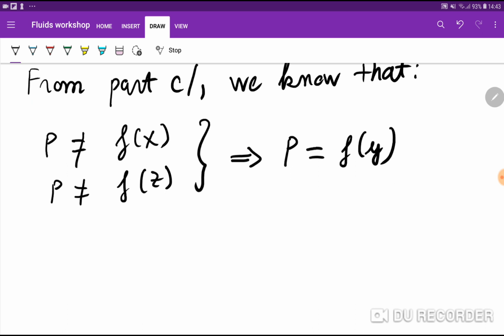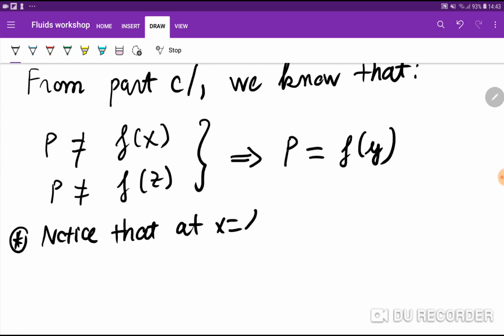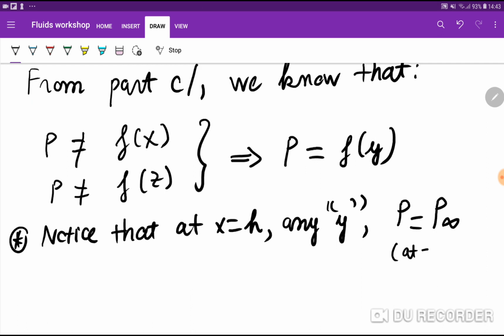Now, you have to notice something very interesting. At x equal to h, any y, pressure equals atmospheric pressure, P infinity. Or you can say this is at the free surface.